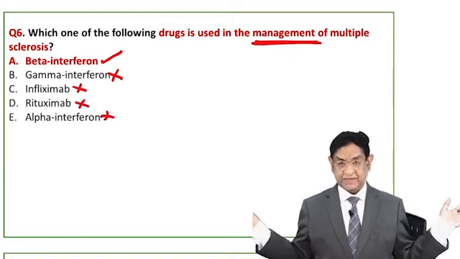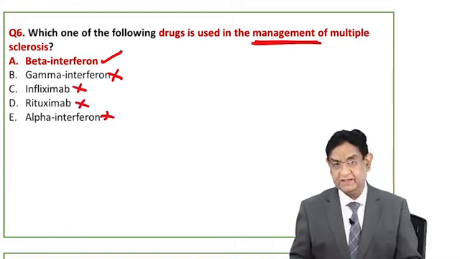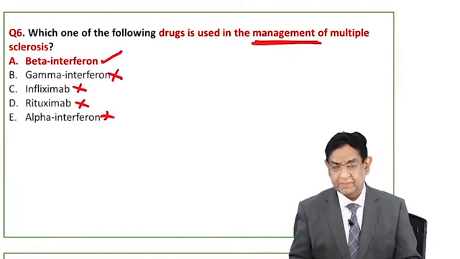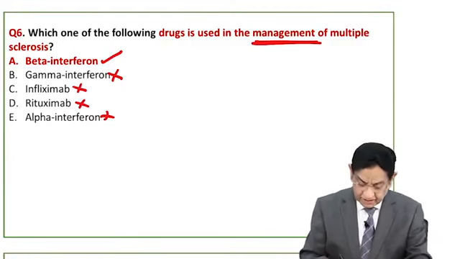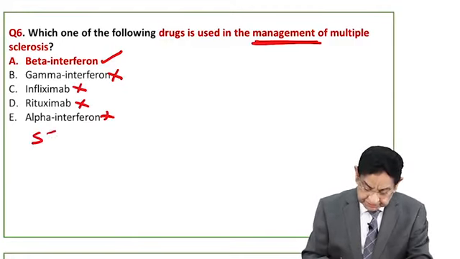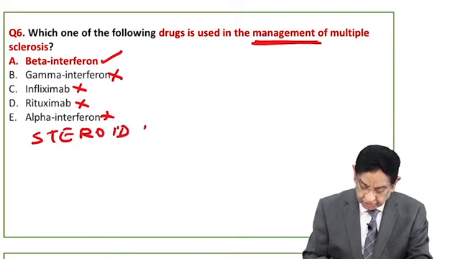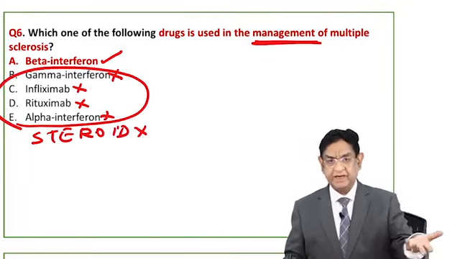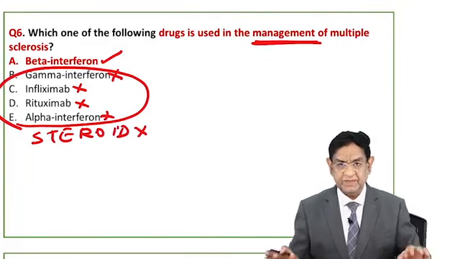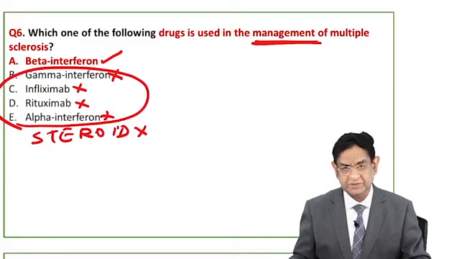Now my job is very easy. We know the basic concept. None of these we use in the management. Point to be noted, he did not talk about steroids. He did not talk about steroids. Now our basics are very clear, so we know none of these drugs is used for multiple sclerosis.